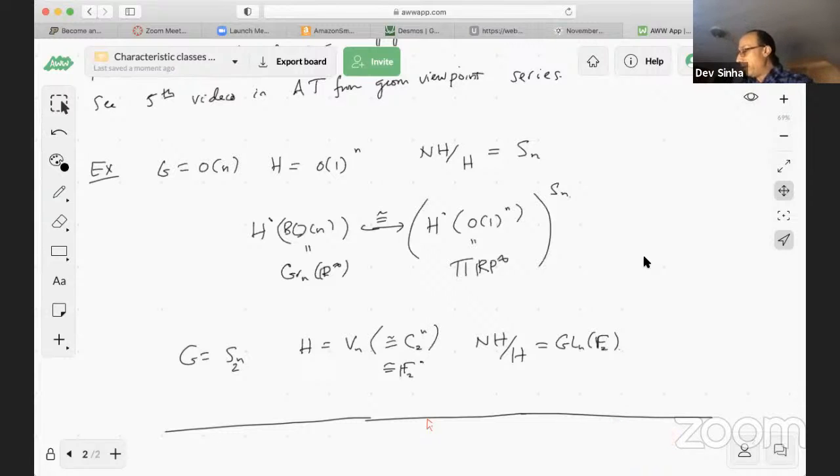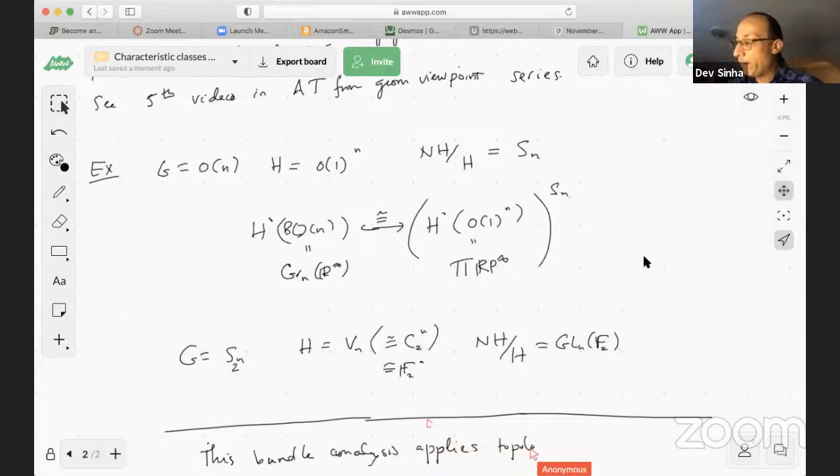The other thing I wanted to say is that this bundle construction analysis applies some kind of geometry and topology to the study of group cohomology, which again, I'll just emphasize, I can think of as purely an algebraic question. But there is in fact more geometry to be had.